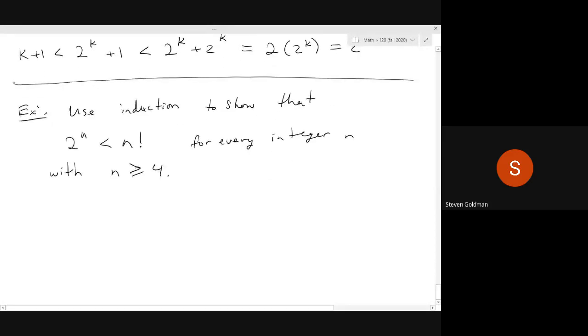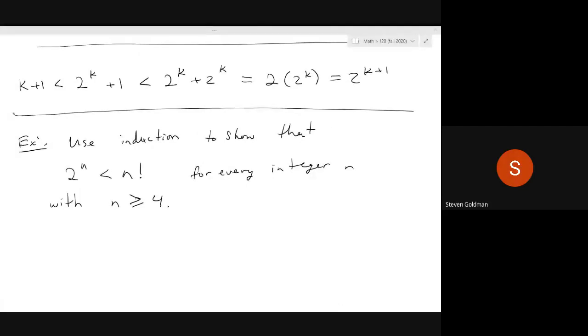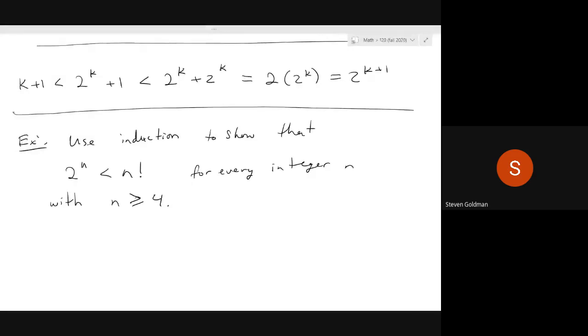Okay, so again, this is an inequality problem. Yes, somebody had a question? Okay, I guess that was an accident.